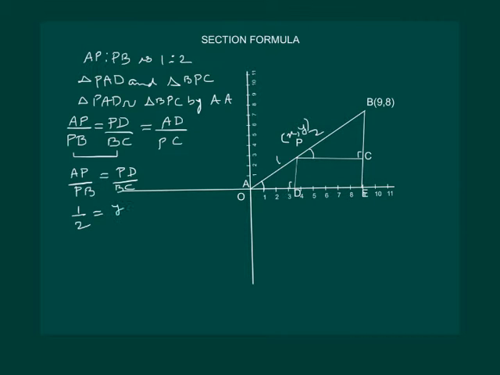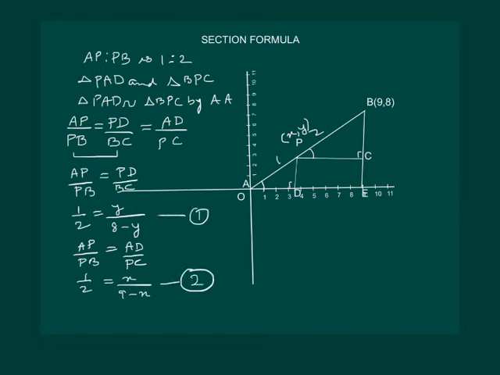PD should be Y, that we have to find out, and BC will be 8 minus Y. Similarly, AP by PB equal to AD by PC will give us 1/2 equal to AD should be X and PC will be 9 minus X. By solving 1 and 2, we can find value of X and Y and hence the coordinates of the point P.